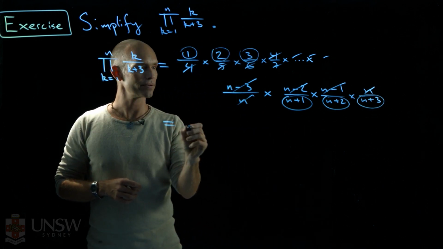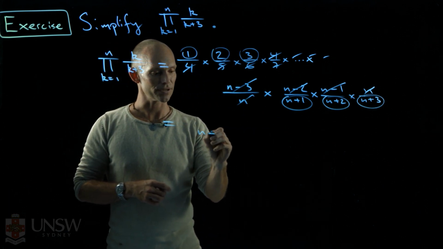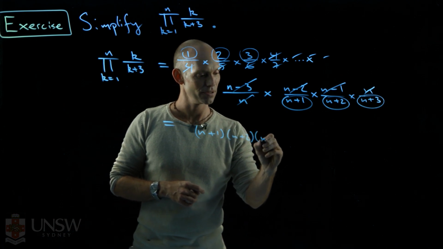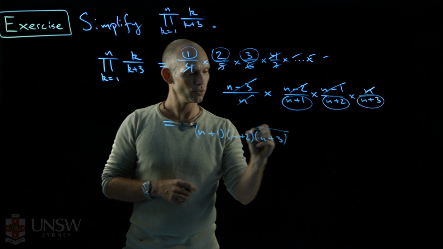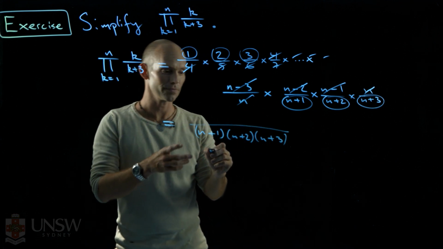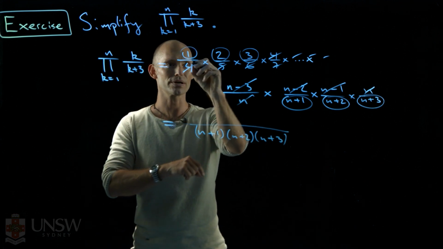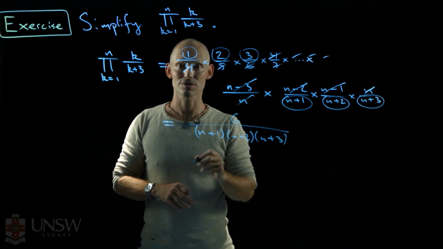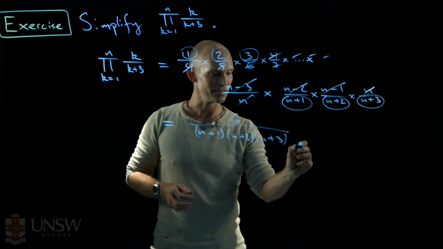And we can write that up as n plus 1 times n plus 2 times n plus 3, all as the denominator of some fraction where we have 1 times 2 times 3 multiplied together, in other words 6. And that's the answer.